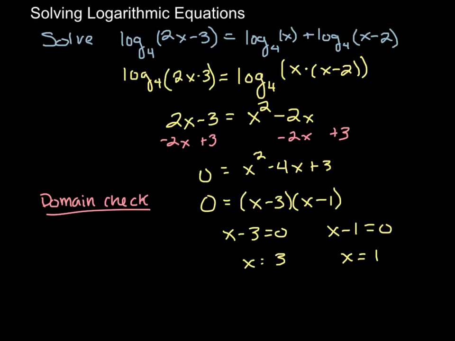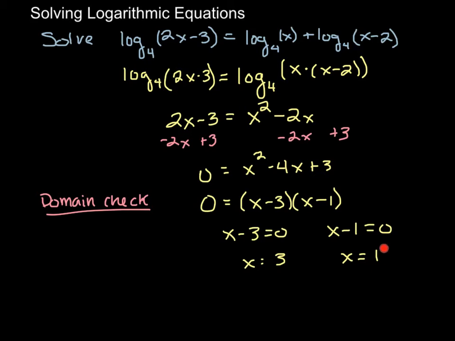So if we were to plug x equals 3 into any of these logarithms, they would all have to come out to be positive. So let's plug in 3 into this problem right here. 2 times 3 is 6, minus 3 is 3, so that one works out fine. Plug in 3 for this x, that's still a positive, so that works. Plug in 3 for this x, we have 3 minus 2, which is 1, so that works out fine.